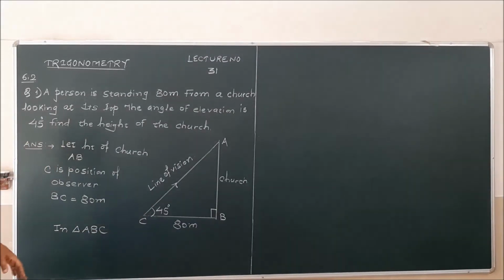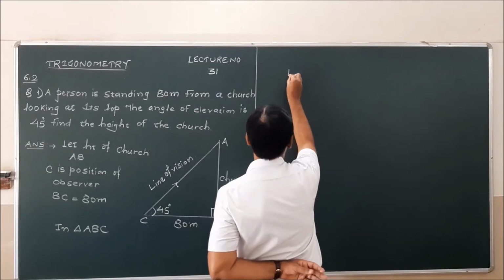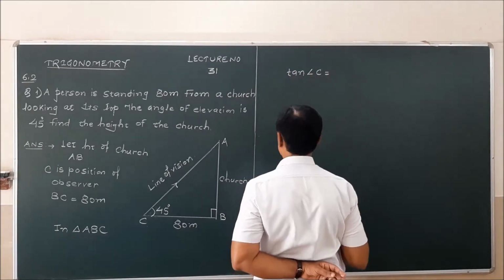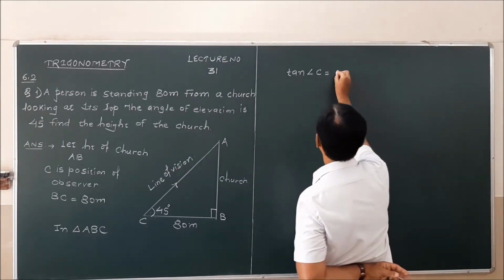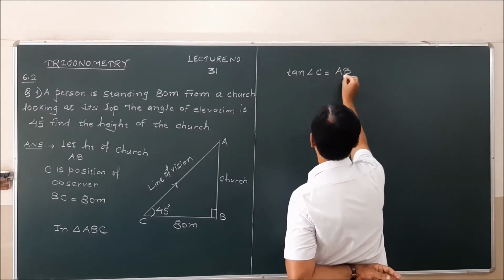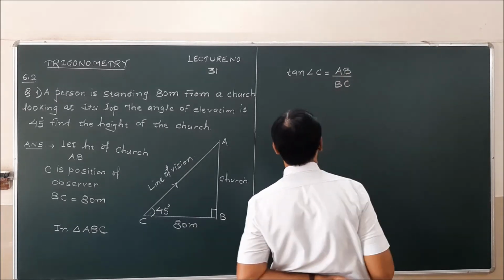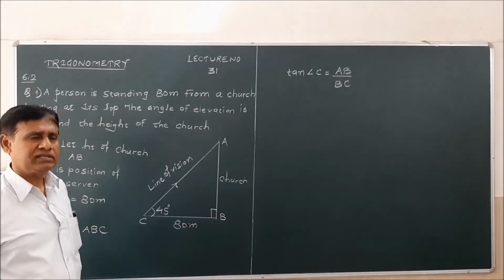So you will find in triangle ABC, tan of angle C is equal to the opposite side, that is AB, upon the adjacent side, BC. Tan angle C is equal to AB upon BC.